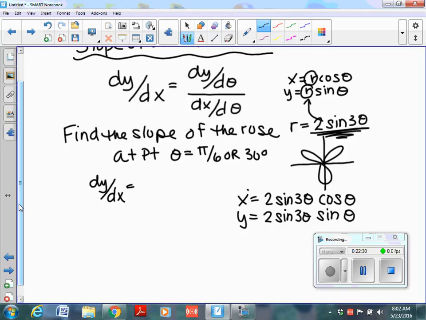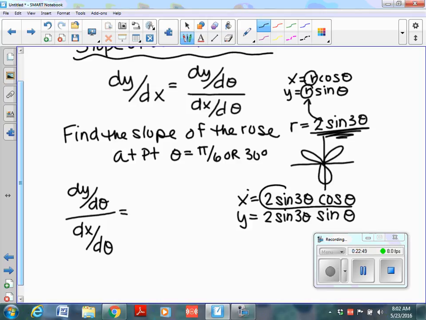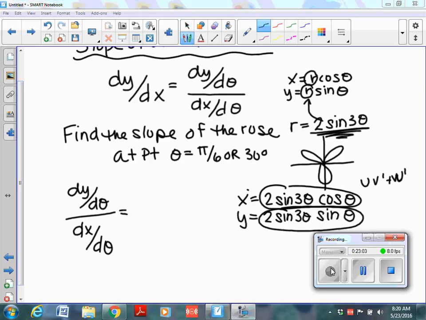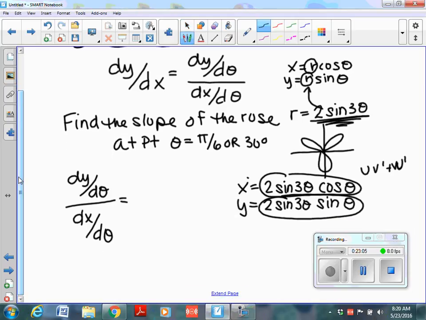Okay, so now I'm going to find the derivative dy dx, start again, dy d theta divided by dx d theta. In order to find the derivative of this and this, I need to use the product rule, u v prime plus v u prime.